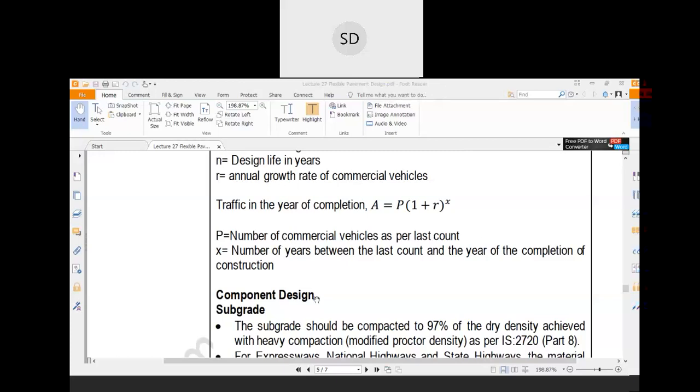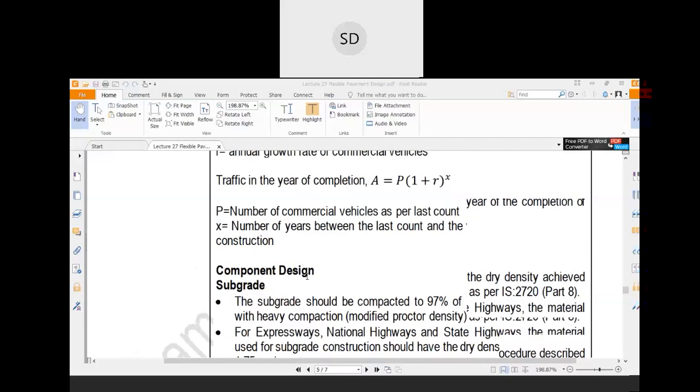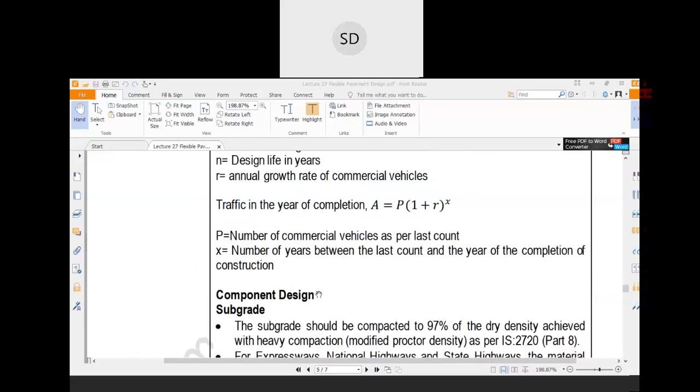Okay, is this portion clear? I will not take that class because today's class is a little bit complicated. I'll continue the next portion next week. So before that, you just go through all these things so that they are clear to you. Otherwise, we cannot continue with the design portions of the different components.